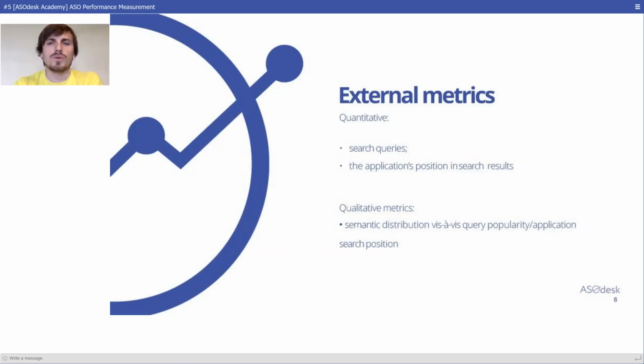What are the external metrics? External metrics are the metrics which are visible to everybody on the store. These are search queries, application position in search results, and semantic distribution vis-a-vis query popularity and application search position. That's the main idea why we name these metrics external: we see external metrics of our competitors, and competitors see ours.